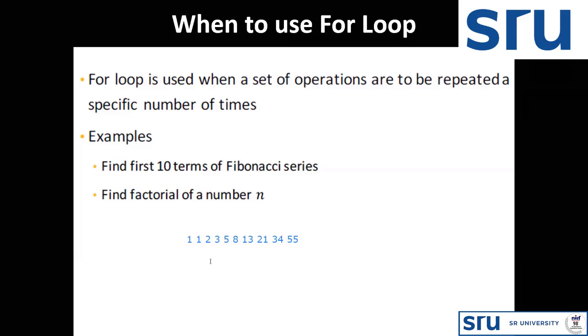First two numbers added, sir. 1 and 1 equals 2, 2 plus 1 is 3, and 3 plus 2 is 5. Yes, exactly. The Fibonacci series is where the first two numbers are always 1 and 1, a fixed condition. From the third number onward, each is the addition of the previous two numbers.